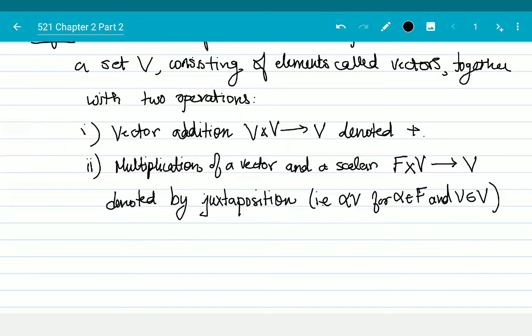Okay, so these are both avoided. You just write them together to denote multiplication.